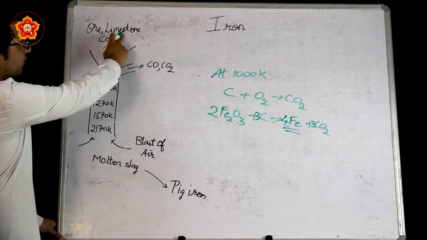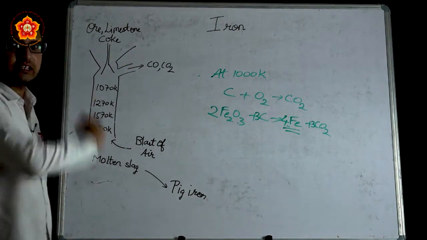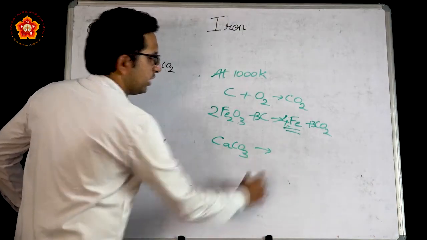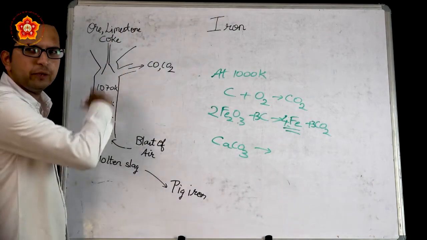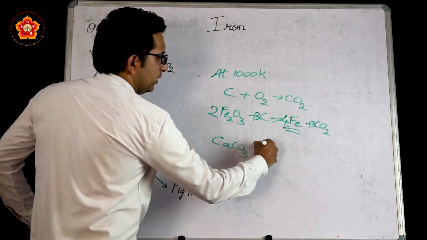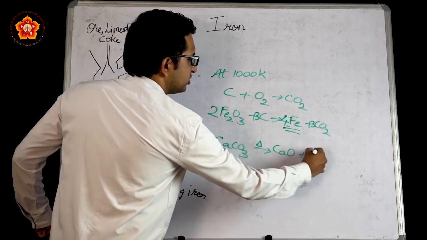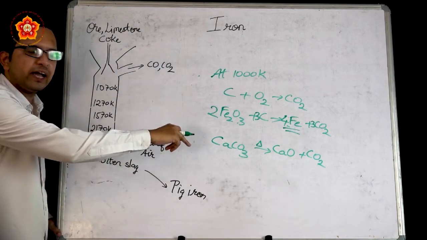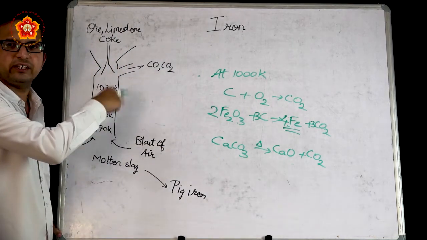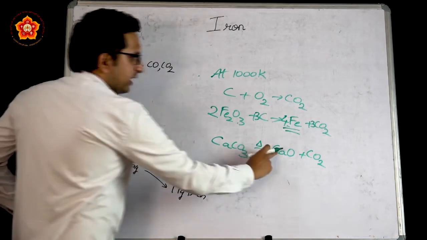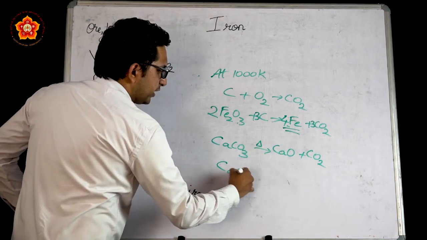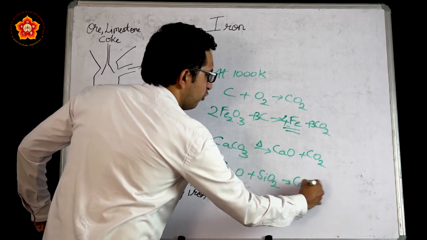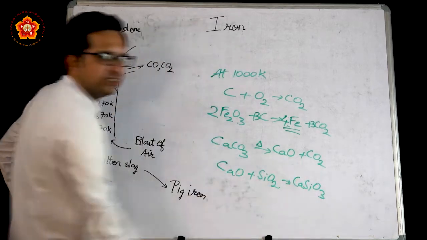So what is the role of this limestone now? CaCO3, calcium carbonate, because there are pretty high temperatures available, gives calcium oxide and carbon dioxide. This carbon dioxide gas is also present inside the system. This calcium oxide will tend to react with all the impurities, which we write in the form of the corresponding silicates.